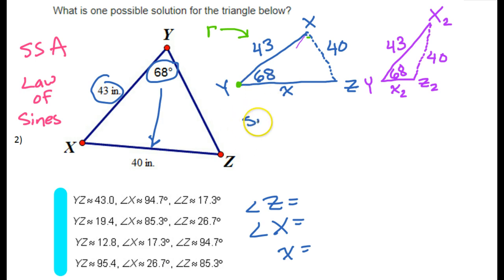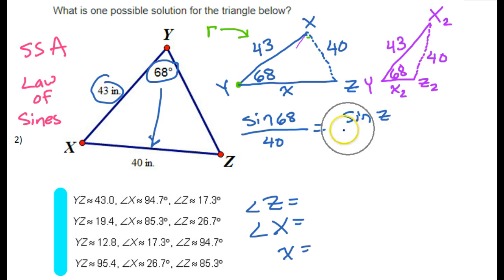So the law of sines says the sine of angle 68 over the opposite side, which is 40, should equal the sine of angle Z, that's what we're looking for, over the opposite side, which is 43. I'm trying to get Z by itself. If I multiply both sides by 43, the 43's will cancel each other out, leaving sine Z by itself.